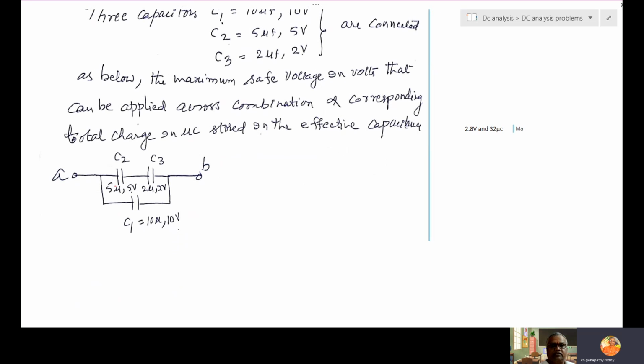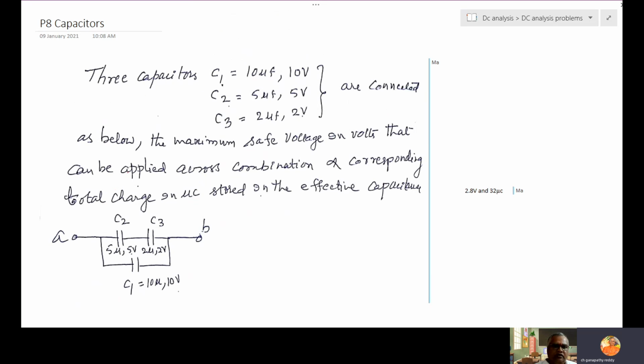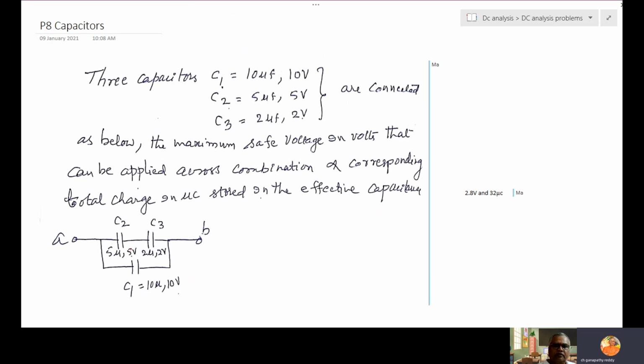So this is the capacitor connection already given, C1, C2, C3, and maximum volt. What is the capacitor specification? As I told earlier, what is the resistor specification? It is P. Capacitor specification is V. Inductor specification is I. This is discussed earlier.